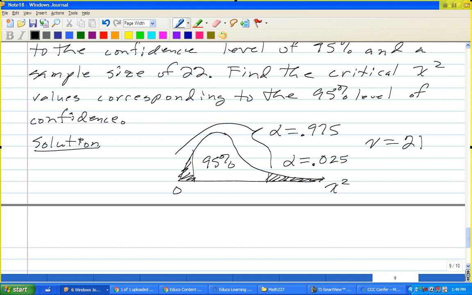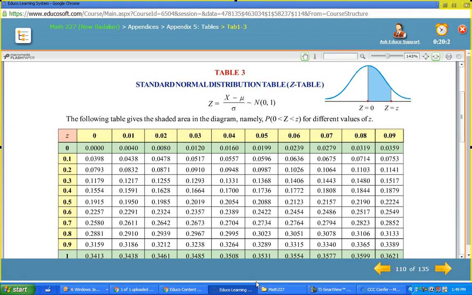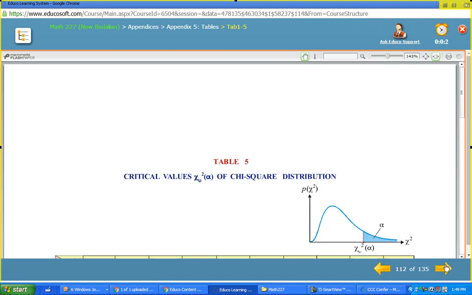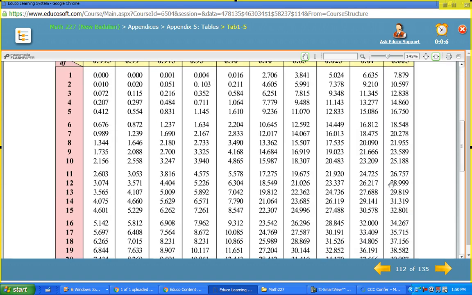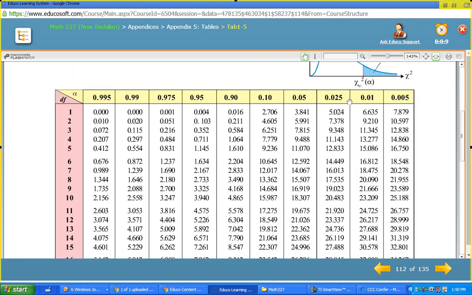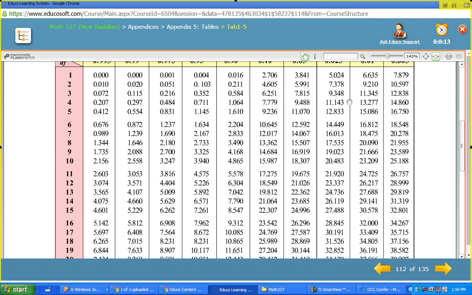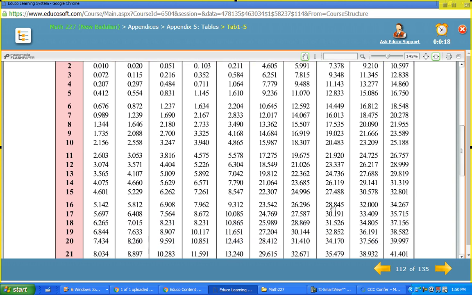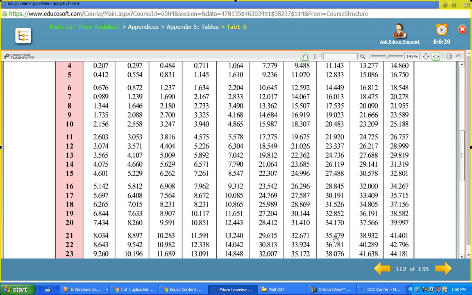And so let's look this up. I look at 0.025, and I look for 21. It's this one, 21. And so I get 35.479.